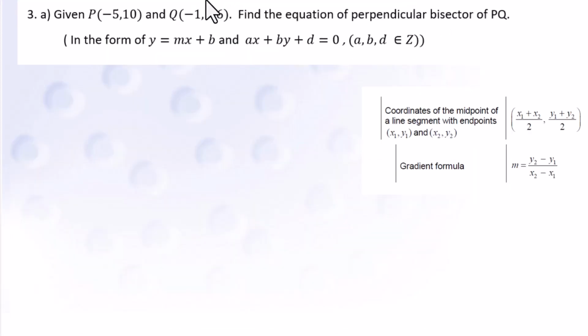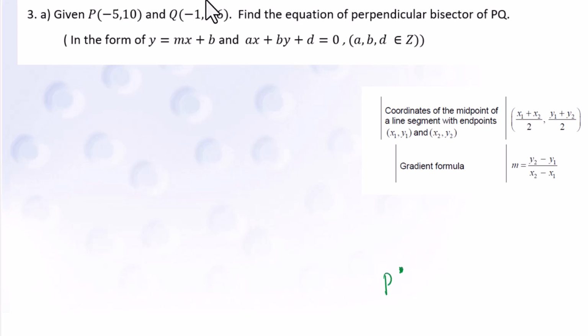Let's go to question 3. Given P and Q, find the equation of the perpendicular bisector of PQ in the form of y equals mx plus b and ax plus by plus d equals 0.